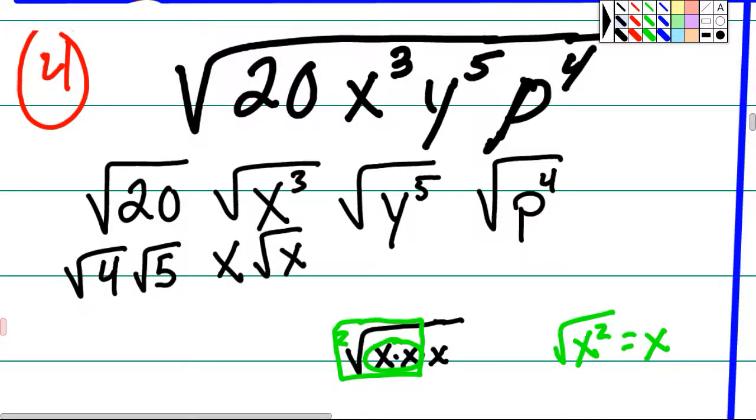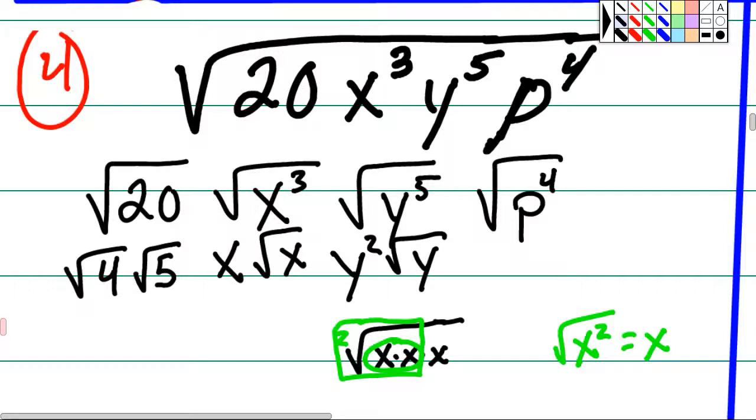Now look at this y to the 5th here, the square root of y to the 5th. How many groups of 2 can I take out? In other words, what you're asking yourself is, how many times does 2 go into 5? Well, 2 goes into 5 2 times. And how many do I have left over? Just 1. Then I go to the p to the 4th here, square root of p to the 4th.